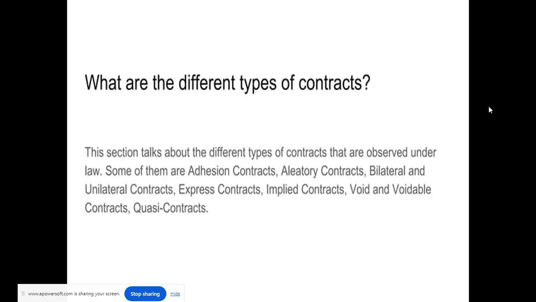The different types of contract include the adhesion contract, bilateral contract, unilateral contract, express contract, implied contract, void and voidable contract, and quasi contracts. A variety of contracts exist, but among them, contracts are classified based on validity, formation, and performance.